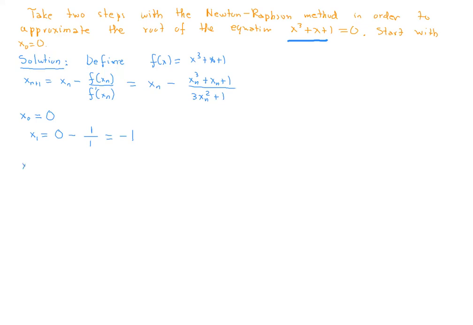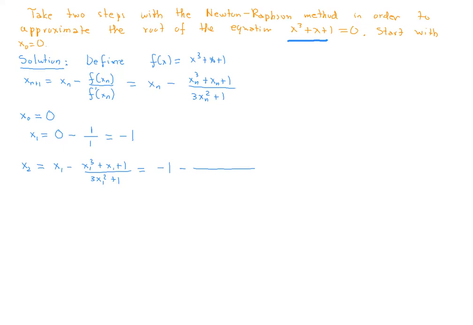Okay, so what is x2? x2 will be x1 minus x1 to the third power plus x1 plus 1, over 3 x1 squared plus 1. I'm writing it now. Before I didn't write. Maybe I was very happy that I was dealing with 0 and it was a very simple computation. But here, let's write it down. So it will be -1 minus, and let's see what we get here.